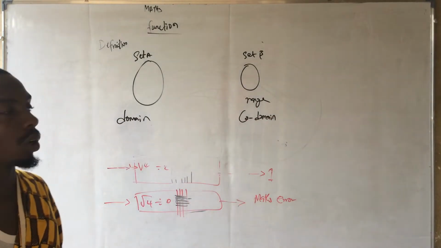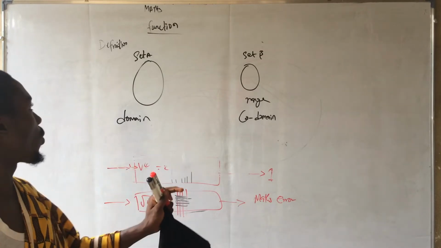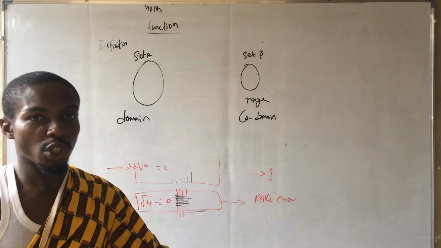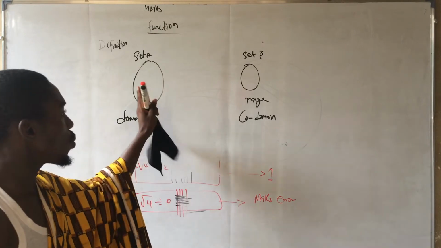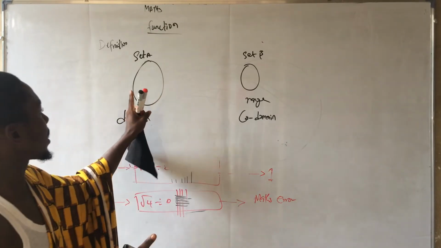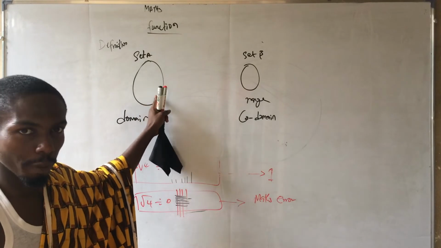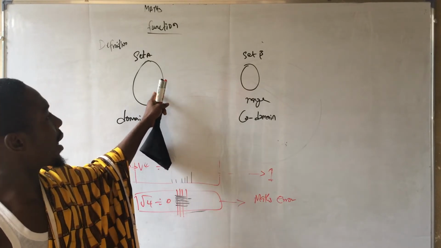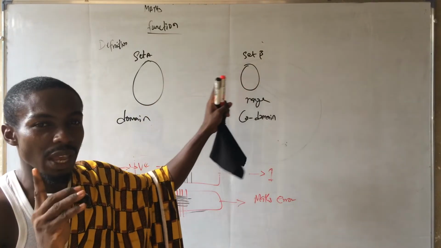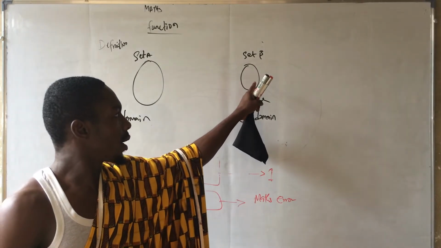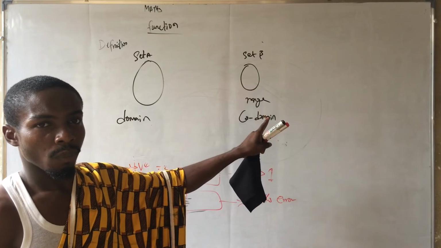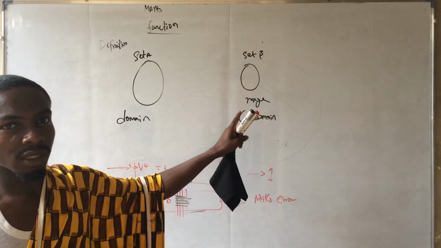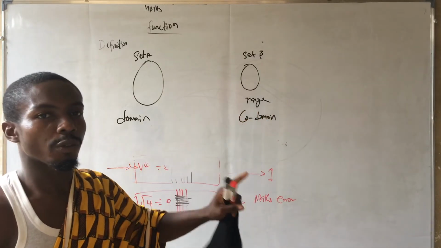It must be a rule that takes one element from the domain and assigns it to another, unique element in the range or the codomain. Apart from that, there is no function.